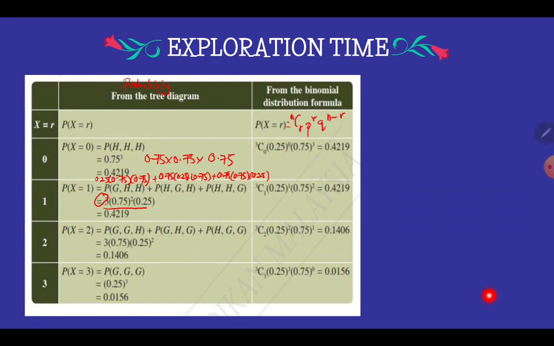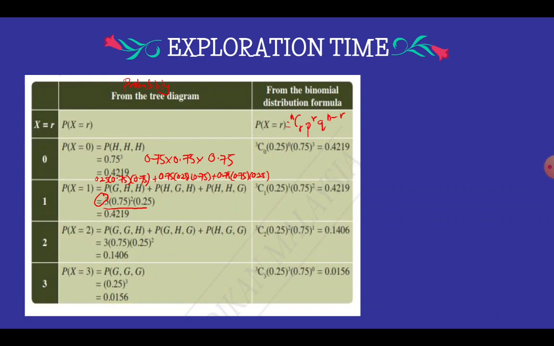As you can see, for P(X equals 0), the manual calculation and the binomial formula give the same answer.